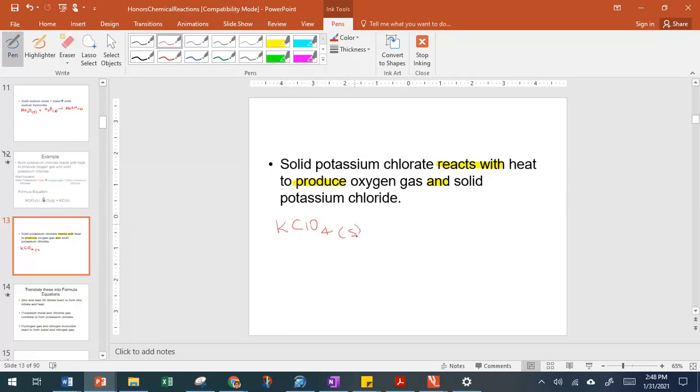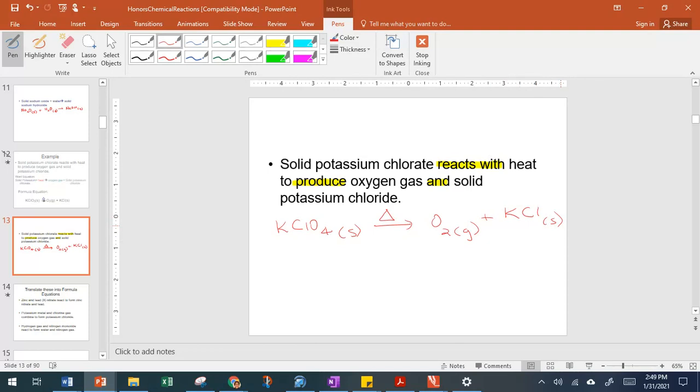This is a solid. And then reacts with, but this is not another reactant. This is heat. So that means we're going to put a triangle over our arrow. And then to produce means we have an arrow there, and then we have oxygen gas. Oxygen's diatomic, so it'll be O2 with a G sign. And then solid potassium chloride, and then we put an S there.